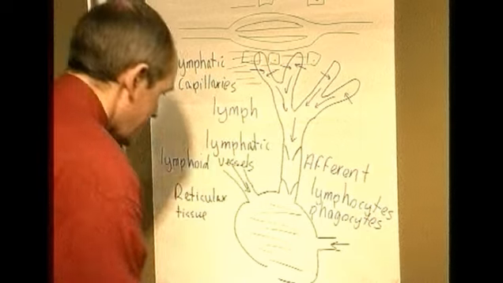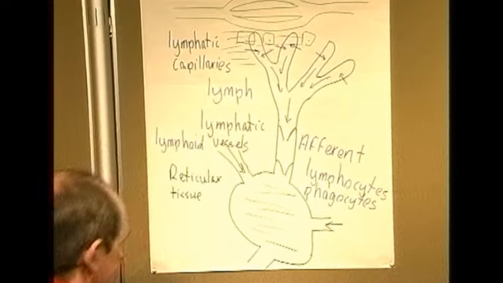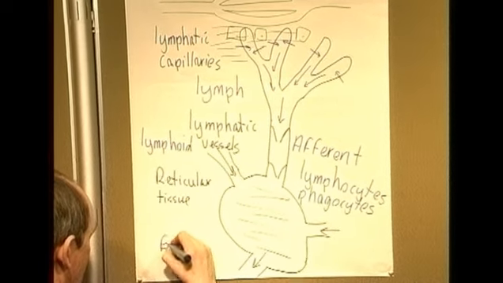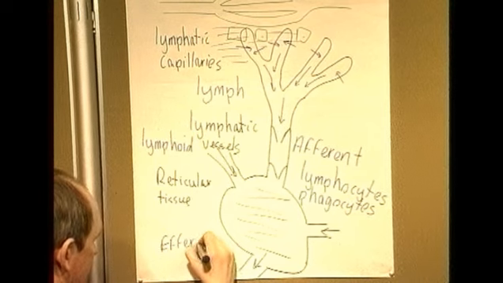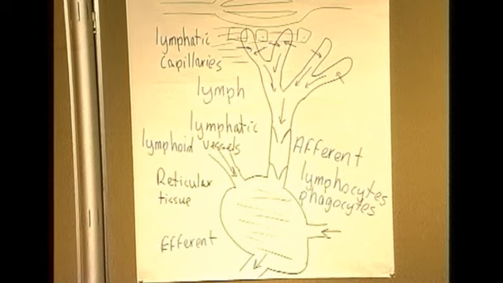Leaving the lymph node, there's another vessel. It's called the efferent lymphatic vessel, so the lymph is leaving via this vessel. And that goes on eventually back into the venous circulation.